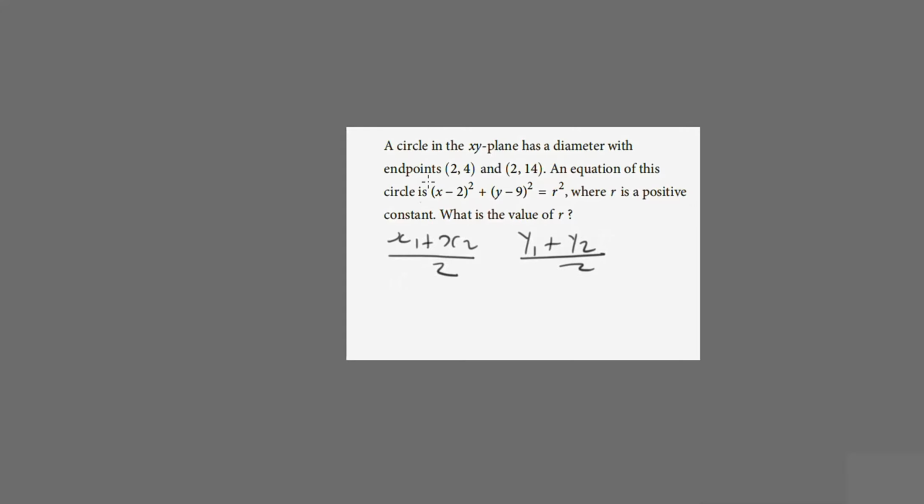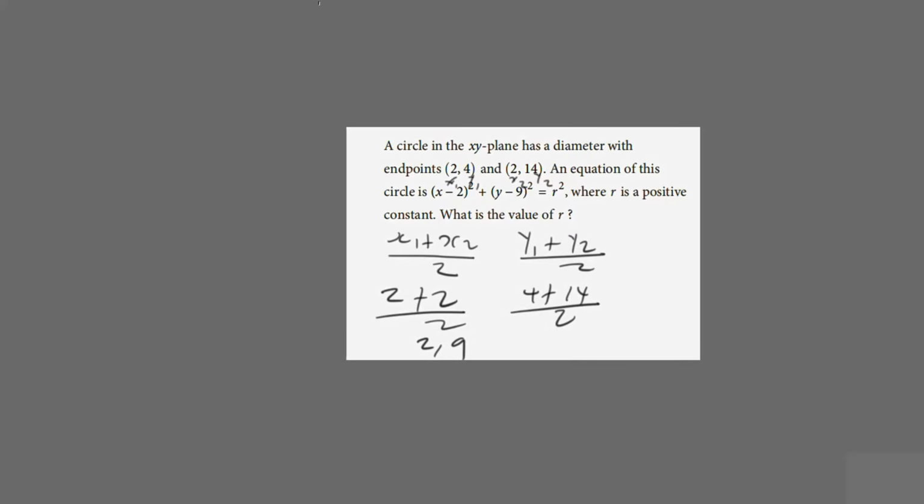In this expression, these are x1, x2, y1, y2. So we have 2 plus 2 over 2, and 4 plus 14 over 2. When you simplify, 2 plus 2 is 4, 4 divided by 2 is 2, and 4 plus 14 is 18, 18 divided by 2 is 9. So the midpoint is 2 and 9 respectively.